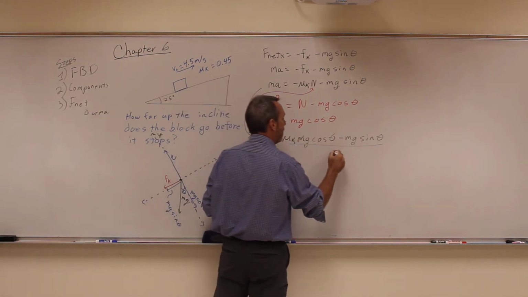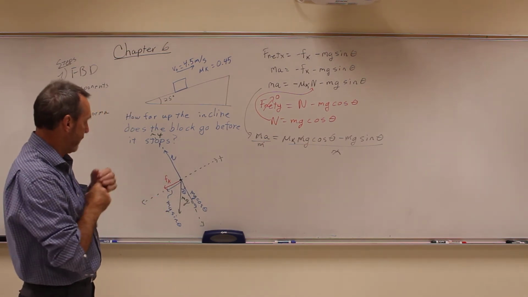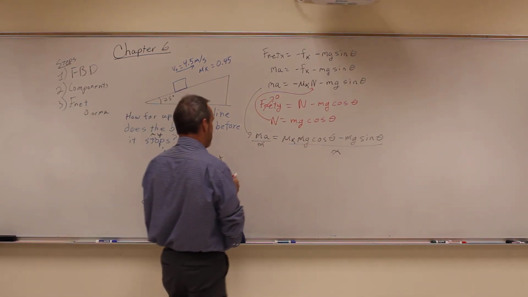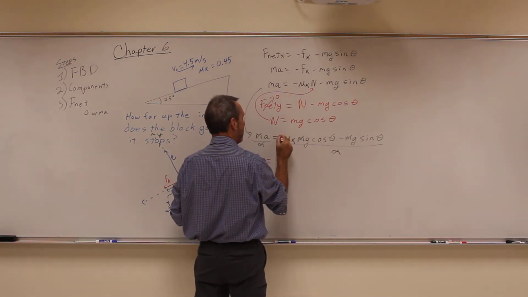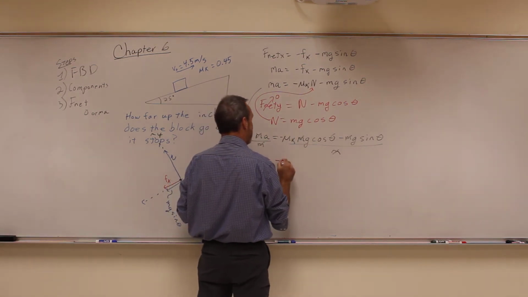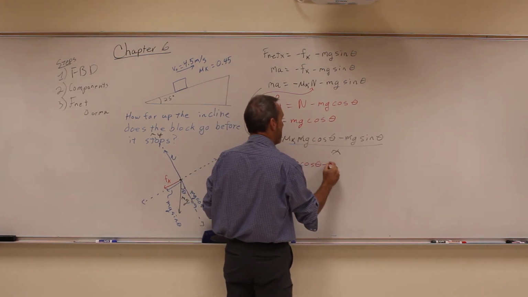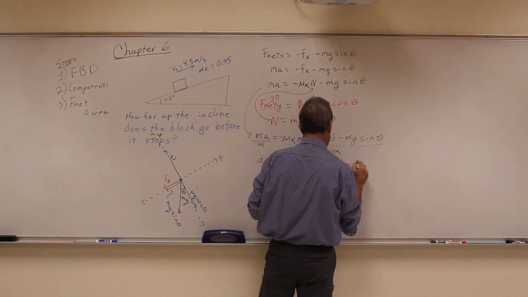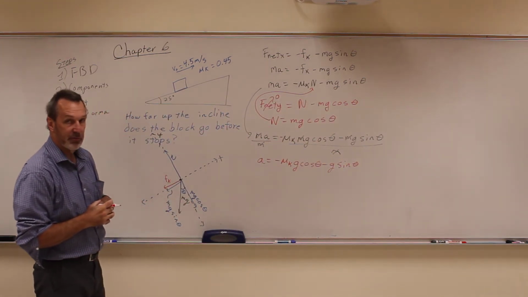Notice the m's go away, which is really good because I was never told what the mass was. And so when I rewrite this, I'm going to get that the acceleration is equal to, I've got to be careful, I almost lost the negative sign there, minus mu sub k g cosine theta minus g sine theta. And that tells me my acceleration.